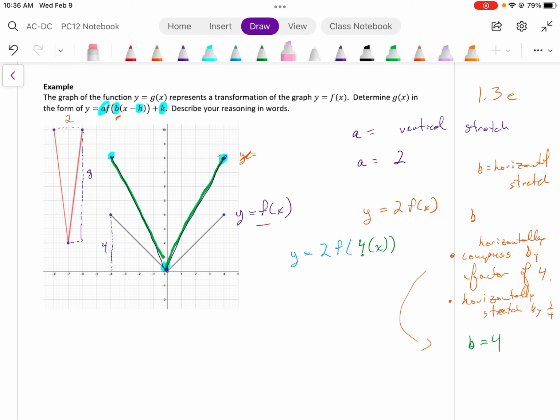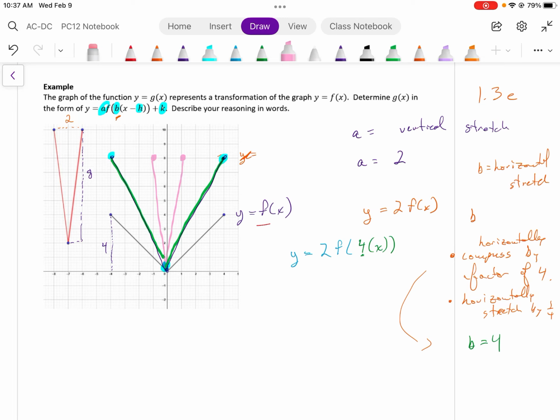And I'm going to take this pink highlighter, and if I compress by a factor of 4, we have this going on. That is, I divide my x values by 4, and that's what we've got going on.